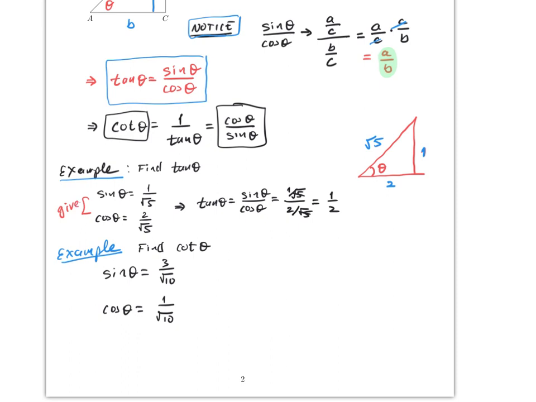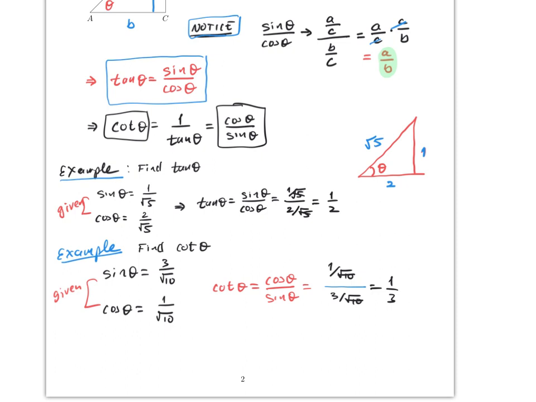So this is what's given to you. They will tell you if this is given, find this. Same thing here. Remember that cotangent is the same thing as cosine over sine. So in our case, cosine is 1 over radical 10, and sine is 3 over radical 10. The radical 10s cancel. This is 1 over 3.